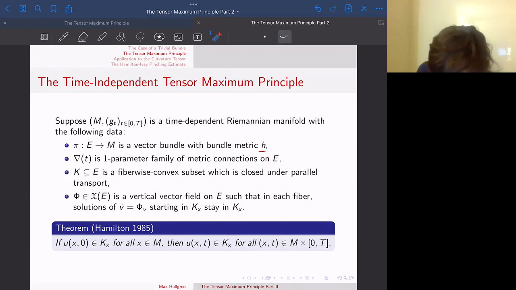And then you just ask that in each of these fibers, your convex set is preserved by the flow of this vector field. Okay. So the fact that it's a vertical vector field means that its flow is going to stay in each fiber.